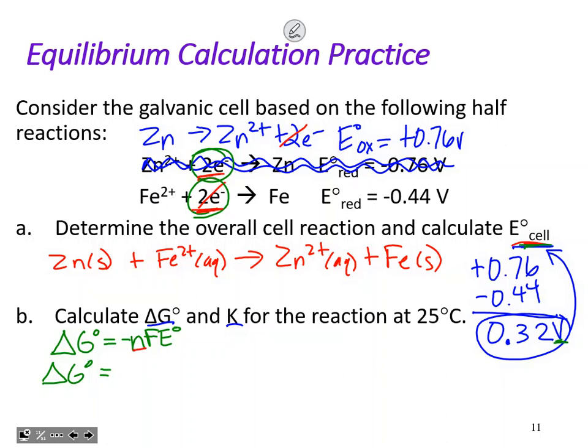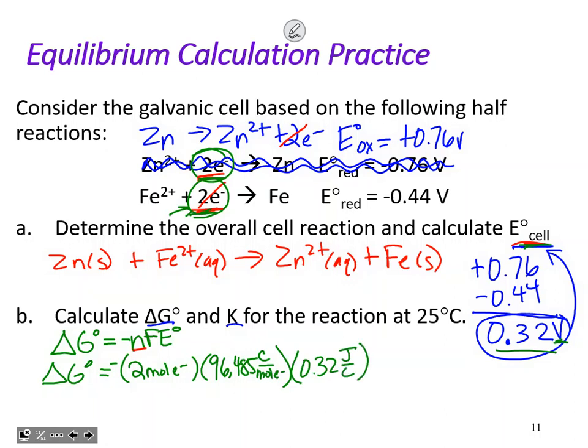For those not sure, it's going to be 2 moles of electrons because we're transferring 2 between our redox. So this is 2 moles of electrons. Faraday's constant, 96,485, is going to be coulombs per mole of electrons. And then our E cell, which we just calculated right here, is 0.32 volts, which is joules per coulomb. So this is how we get our units to cancel, like so, moles of electrons, and then we end up getting our delta G.